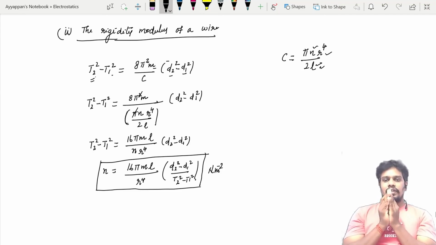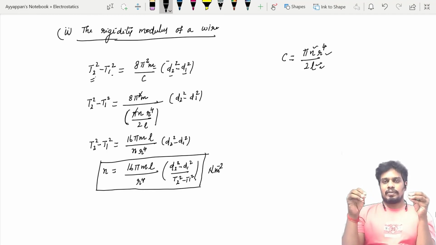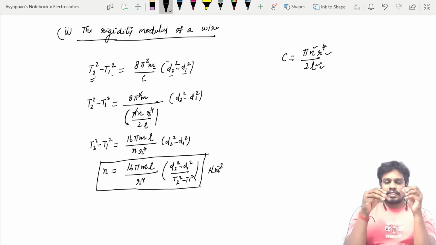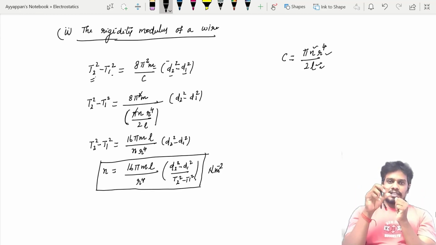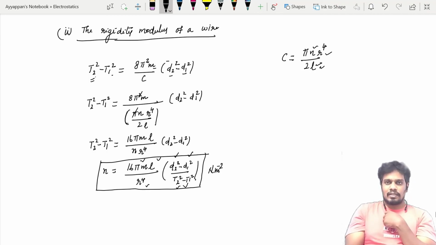Here what we have done is measure T2 when we place the two equal masses far away from the center of the axis. Then T1 when we place the two equal masses near the axis of the wire. D1, d2 we can measure using the scale. So m we can measure, the length of the wire we can measure, the radius using the screw gauge we can measure.